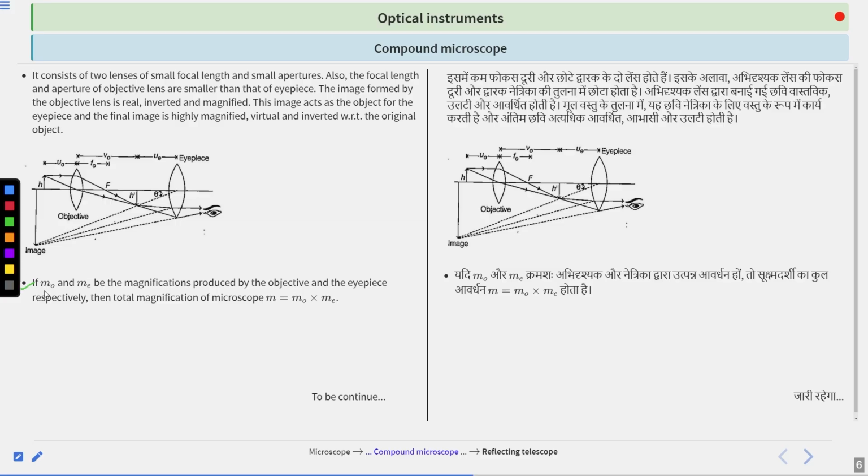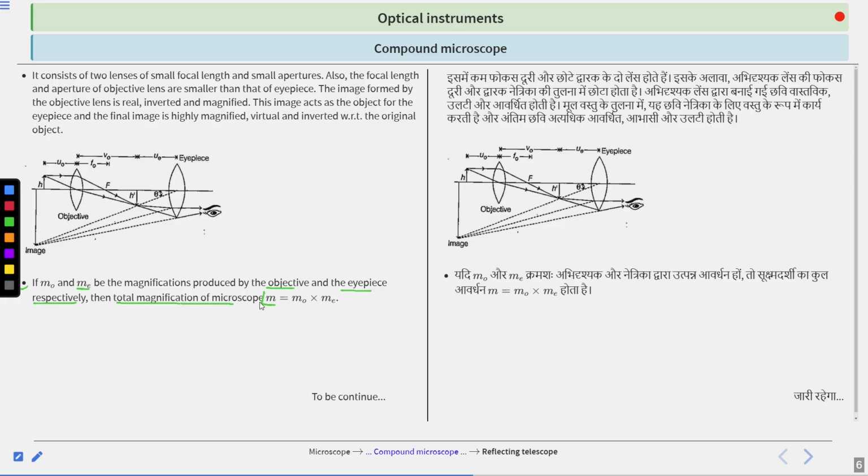If Mo and Me are the magnifications produced by the objective and eyepiece respectively, then the total magnification of the compound microscope is M, which is equal to Mo multiplied by Me.